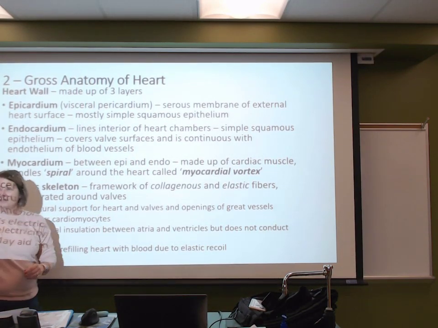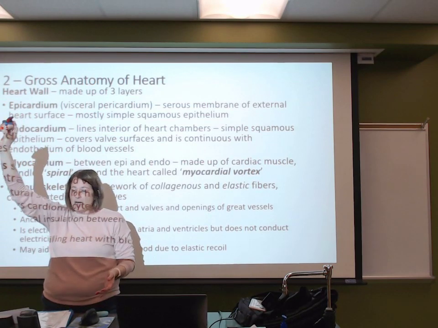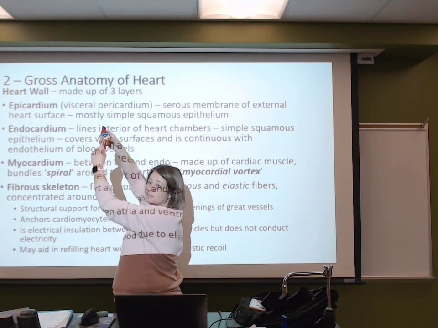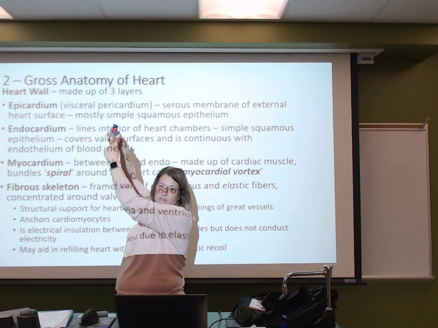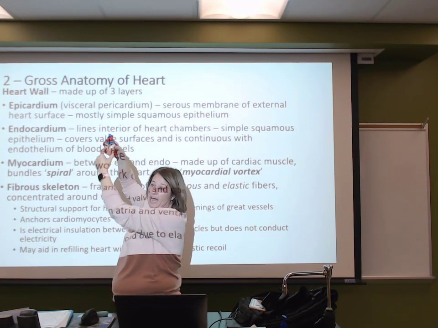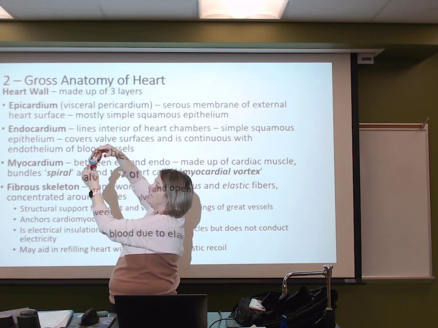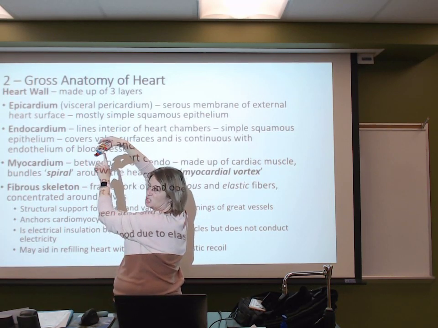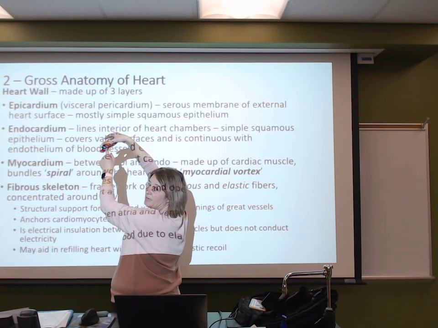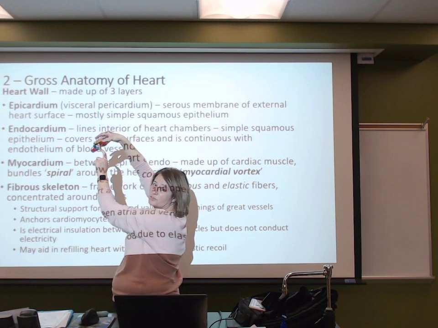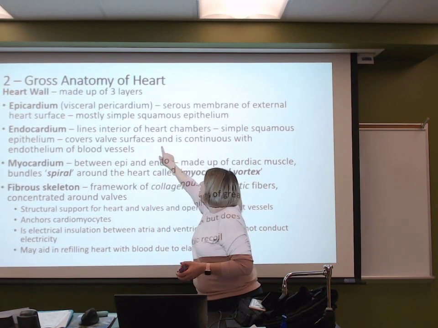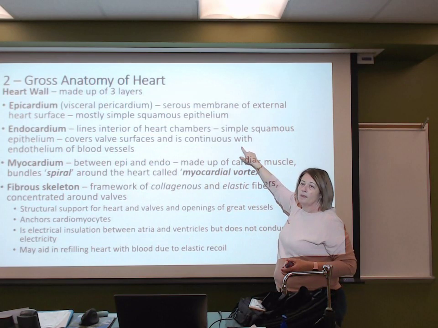Now, granted, in this little model that we have, note this portion that looks like paper, and I think it is some kind of paper. That is representing valves. If you flip it upside down and look at it from this direction, you see some valves, looks like 1, 2, 3. Those are also valves. So now, endo is also going to be covering the valves' surfaces.